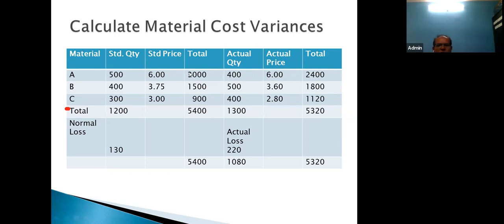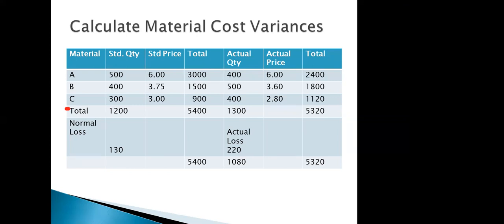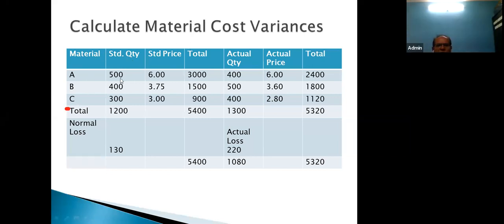Standard quantity is mentioned in kilograms or whatever unit. Standard prices are also quoted: 6 rupees, 3.75, 3, etc. Total means multiplication of 500 by 6 rupees, that is 3000 rupees. Followed?